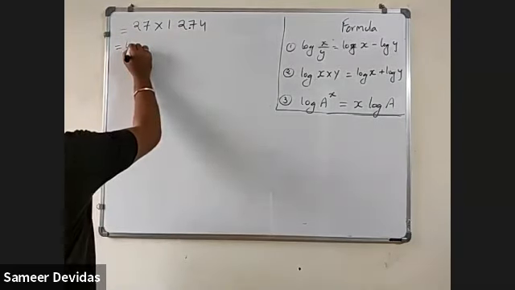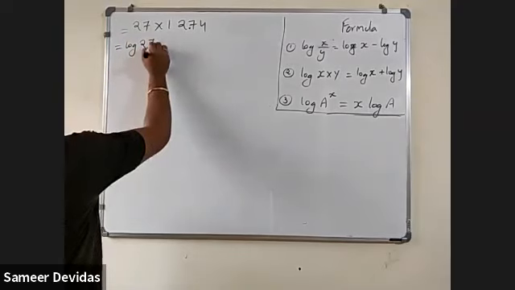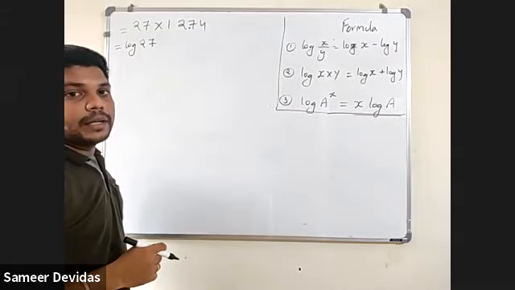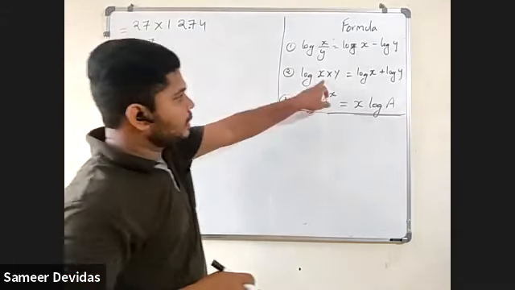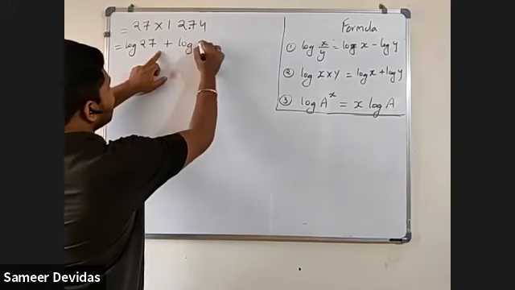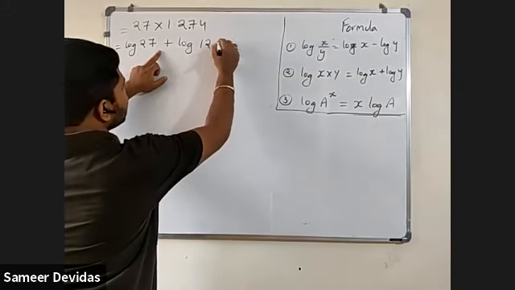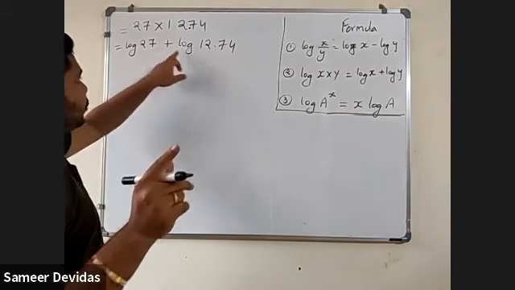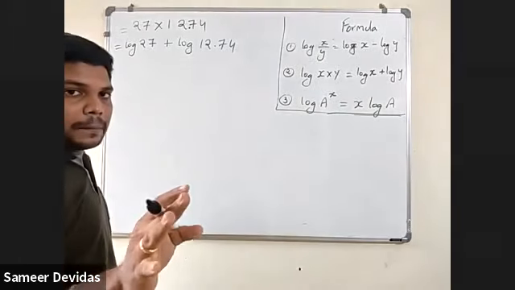If you take the log of a multiplication, then log 27 plus log 12.74. I have written a plus and not a multiplication sign because I'm taking the log. Is it clear?